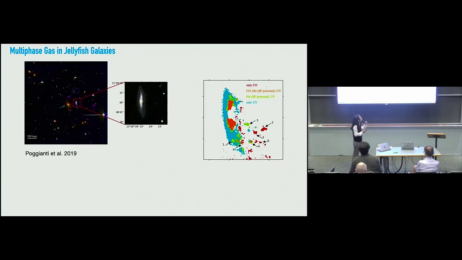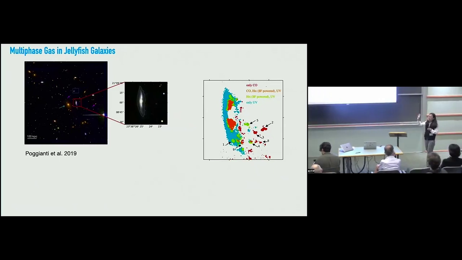This plot shows which phase of gas dominates which part of the galaxy. I want to draw your attention to the red part. The red part is dominated by CO, so it's tracing the molecular cold gas, the coldest, densest phase of the ISM. You can see that it appears at the bottom of the tail, very distant from the disk.